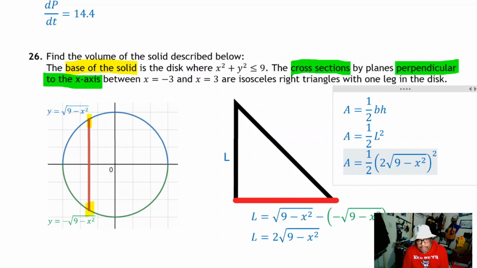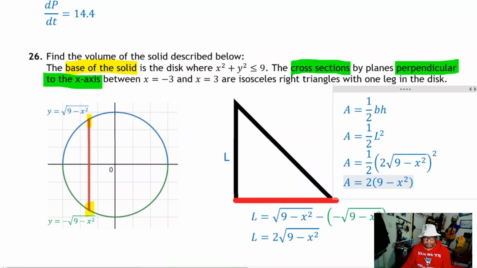We've got 2 times 2 times 1/2, and that's just going to be equal to 2. So the area formula is going to be equal to 2 multiplied by 9 minus x squared. Maybe that's easier as 18 minus 2x squared.